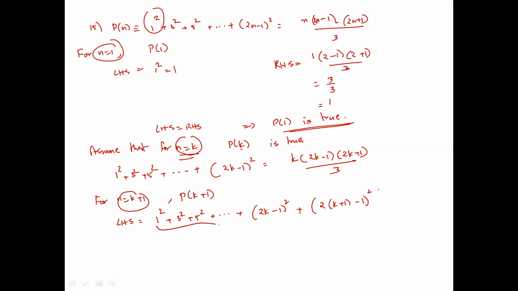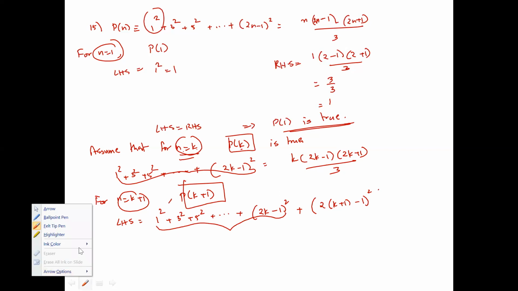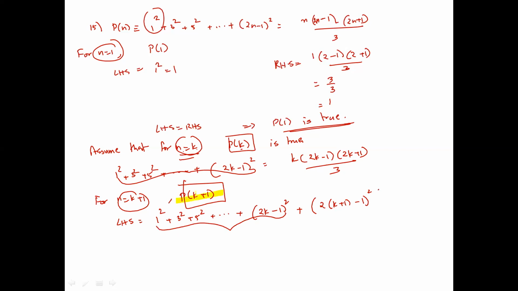Now, in order to write these first few terms, I can use this P of k which I have assumed. So I am using P of k for P of k plus 1. Remember, when we are taking P of k plus 1 proof, P of k has lot of importance.